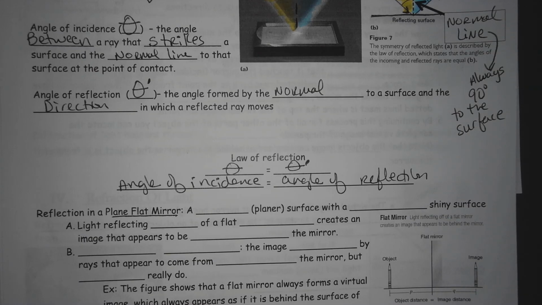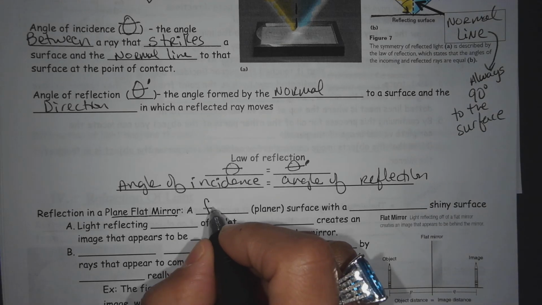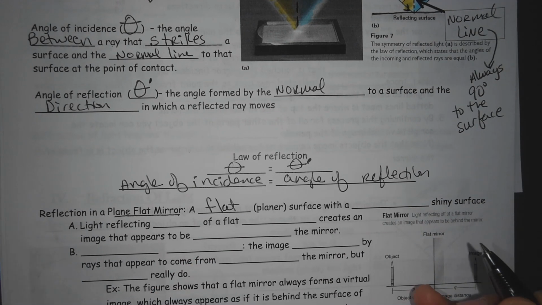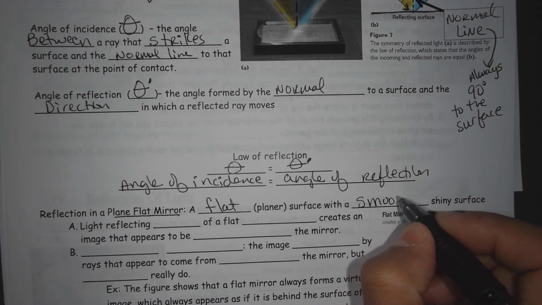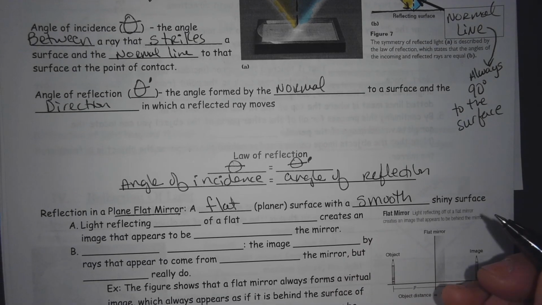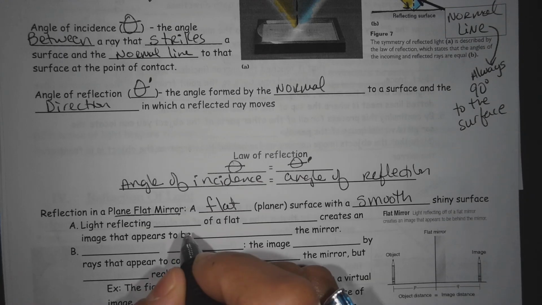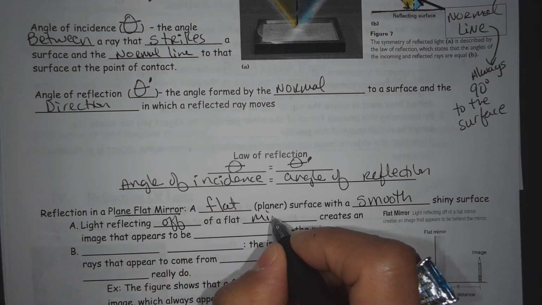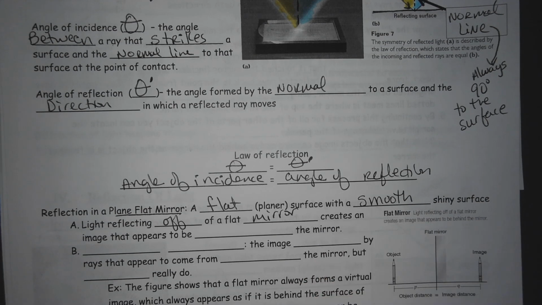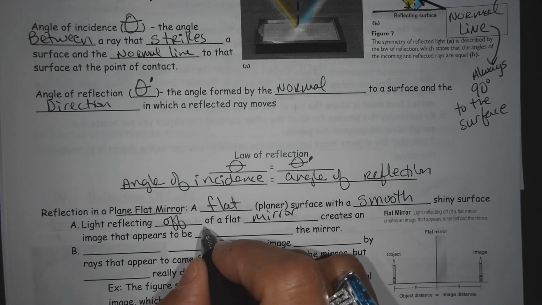It says here that a flat mirror surface is very smooth and shiny, and the light is going to be reflecting off of a flat mirror, which creates the image to appear behind it.